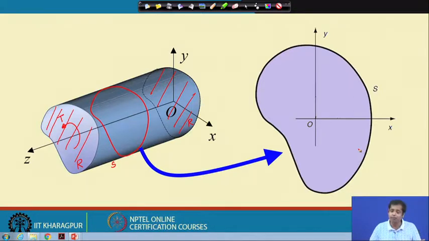By just looking at the problem, we can say S is a stress free boundary. We do not apply any external load or pressure on this surface, so essentially it is a traction free boundary.